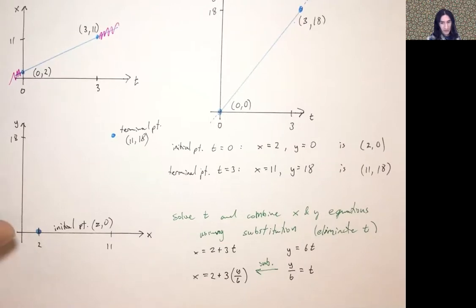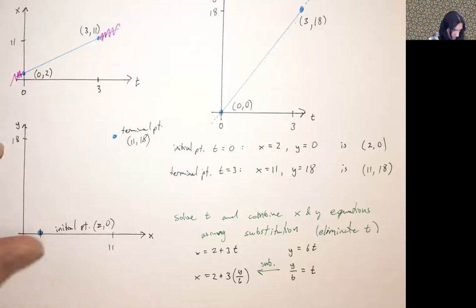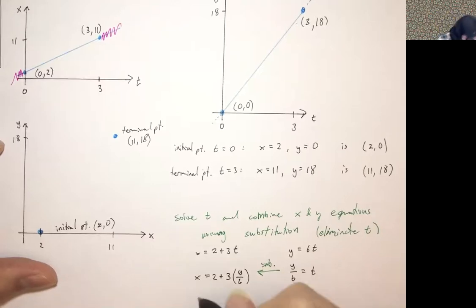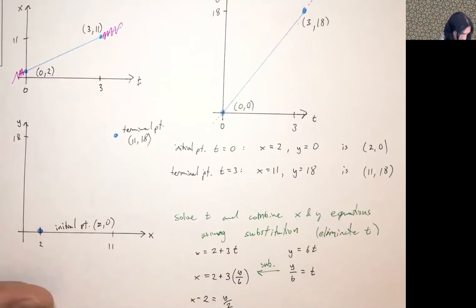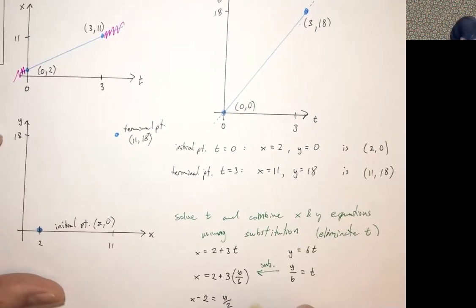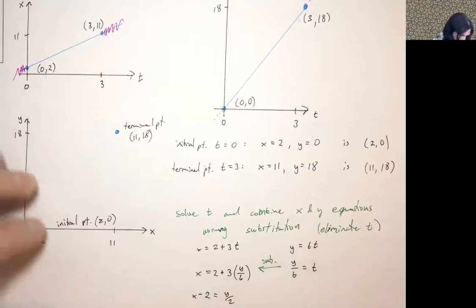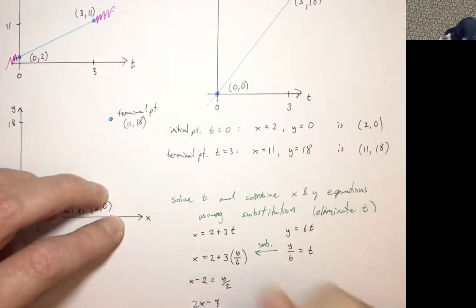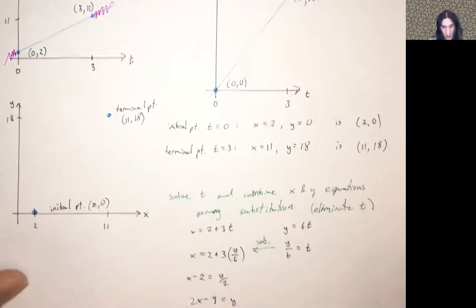Okay, so for instance, if you wanted to graph it, you could put it in a more familiar form, I suppose. This is y over 2 plus 2 for x right there. So we could move the 2 over there, y over 2 here, multiply both sides by 2, and we have 2x minus 4 is equal to my y.